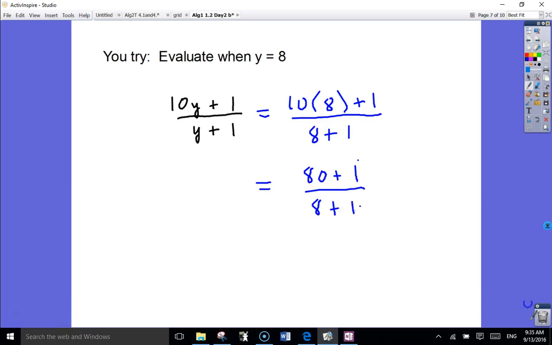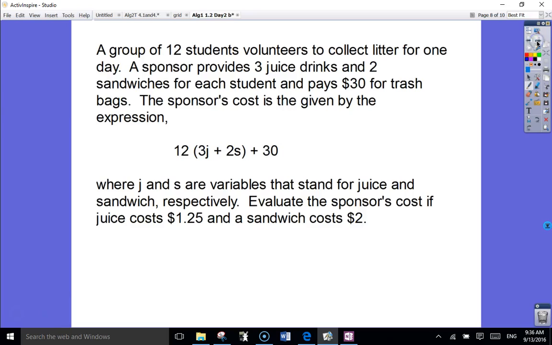And then let's simplify both the numerator and denominator. 81 over 9. And the answer is 9. Really not that hard. And especially because in the end, you will have a calculator to use, and you have a fraction format. It's pretty hard to go wrong on this.